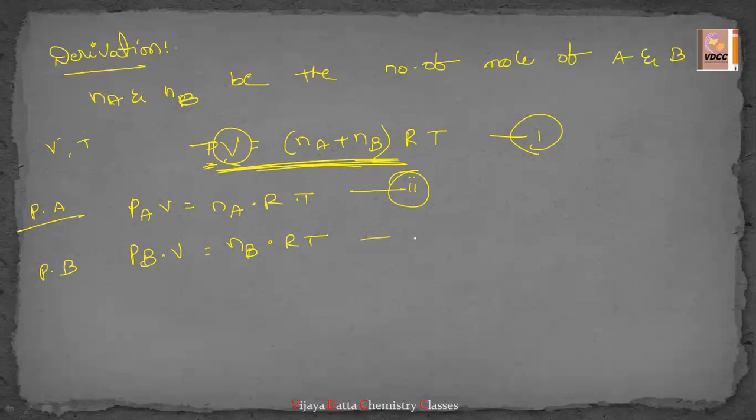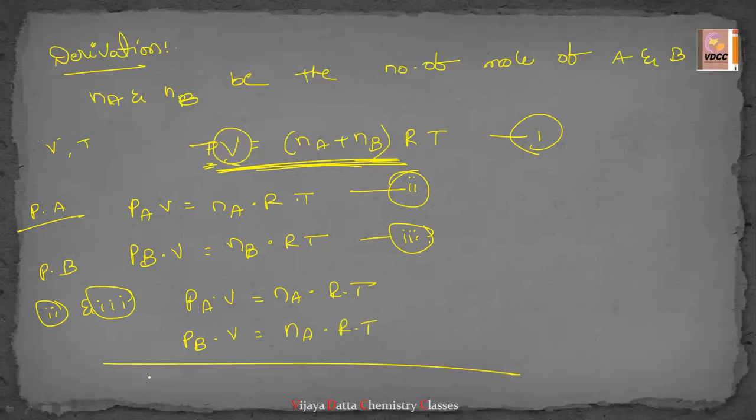2 and 3 are the partial pressures of the gases that are given. So if you add 2 and 3, then PA into V equal to Na into R into T, then PB into V equal to Nb into R into T. If you are adding, volume is the same here, so I am taking PA plus PB, which is equal to; RT are the same, so I can take Na plus Nb, right?